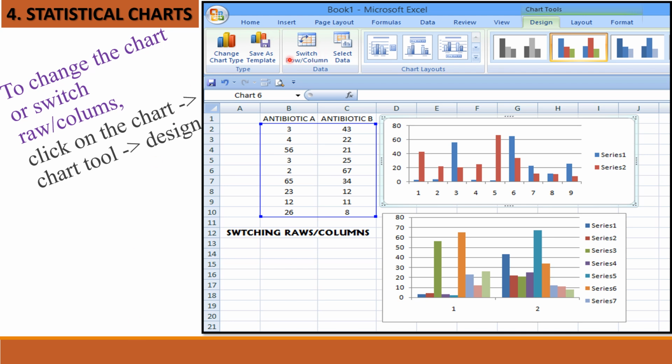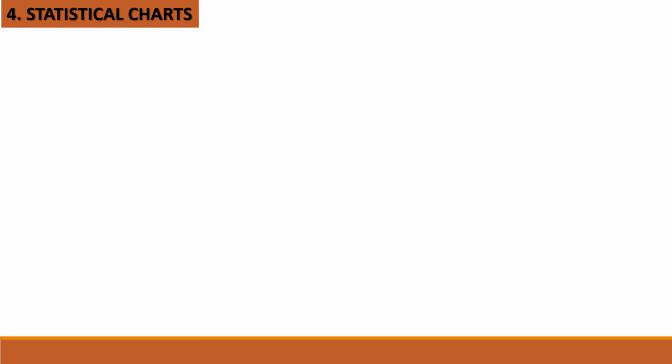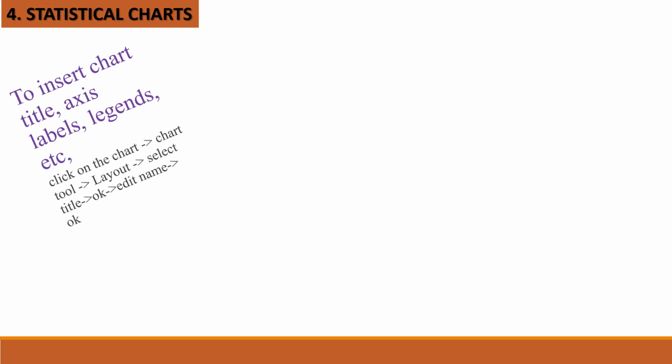We can click on it directly, and we are going to have a new data generated with columns and rows being switched. We can also decide to add some chart elements. For example, we can decide to insert chart title, axis labels, legends, and so on.